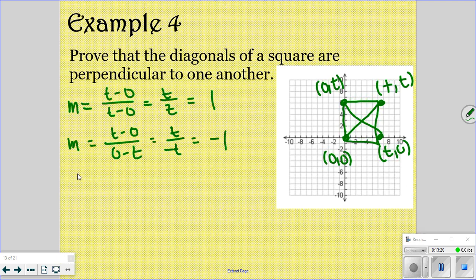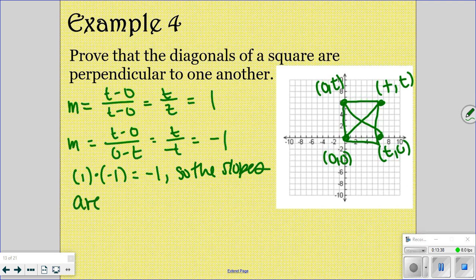And 1 times negative 1 is equal to negative 1. So the slopes are perpendicular. So that's all you have to do there. Just find the slopes and show that they multiply to give you negative 1. Okay?